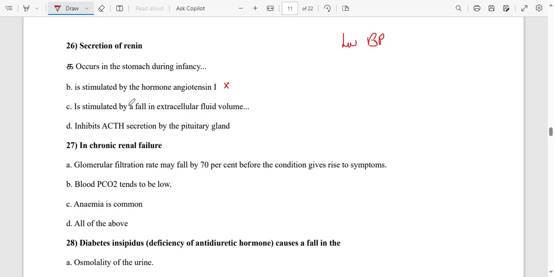Apart from low BP, look at this: also a fall in fluid volume. Because if fluid volume falls, it means that there's going to be low blood pressure. So a fall in extracellular fluid volume, a fall in blood volume, also stimulates the secretion of renin.